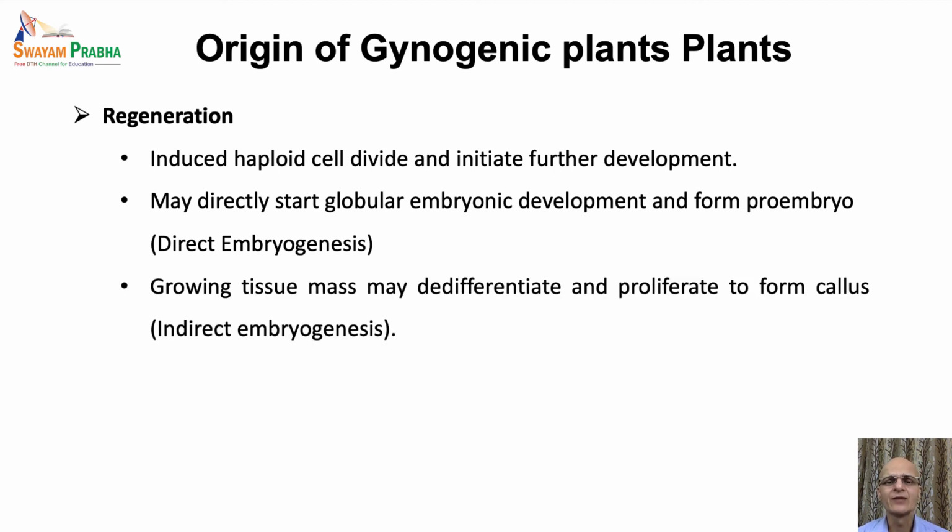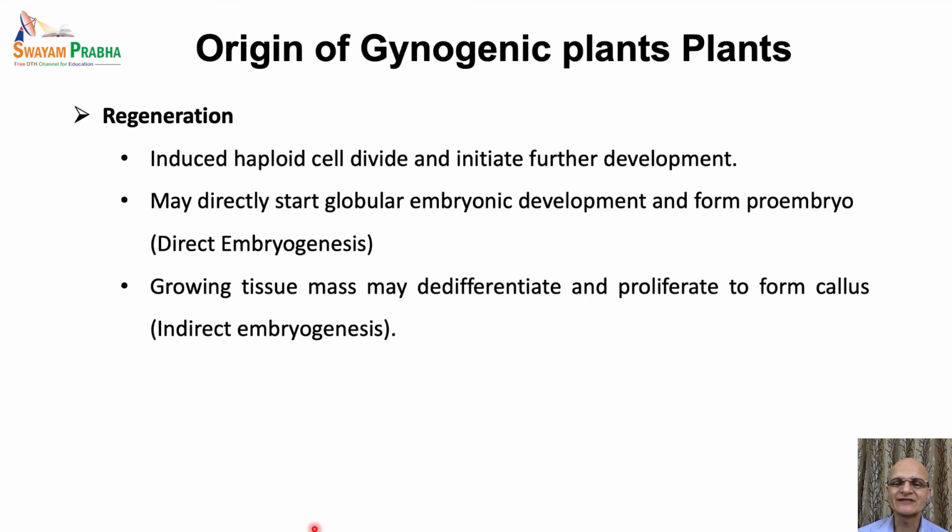Alternatively, a multicellular tissue mass may undergo dedifferentiation and proliferate to form the callus. Later, the callus is induced for morphogenetic differentiation using various combinations of growth hormones to regenerate plants. And this type of development that passes through dedifferentiation and redifferentiation is called indirect embryogenesis.